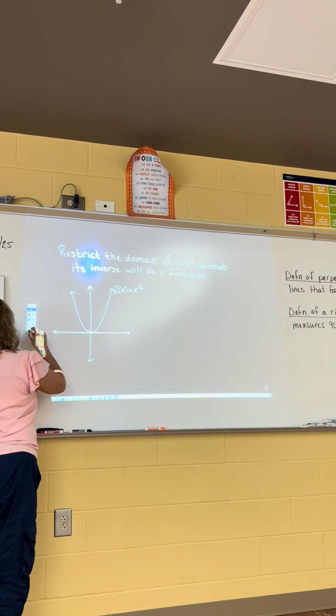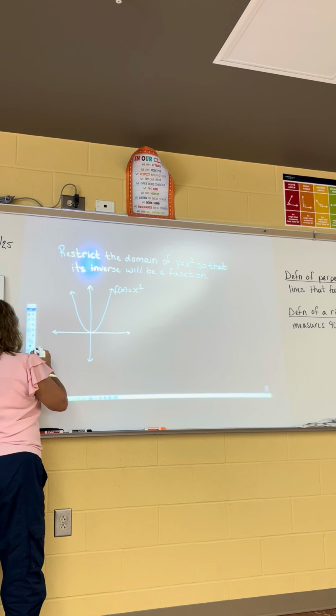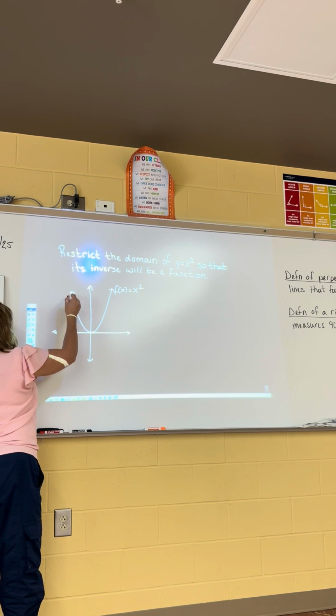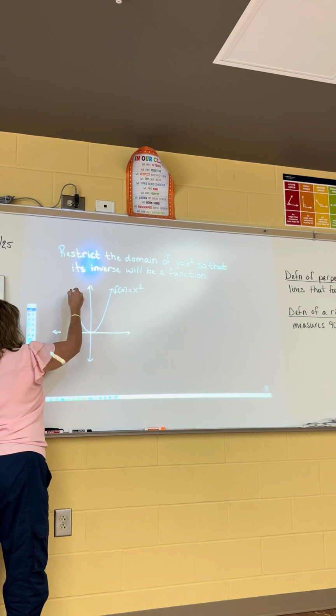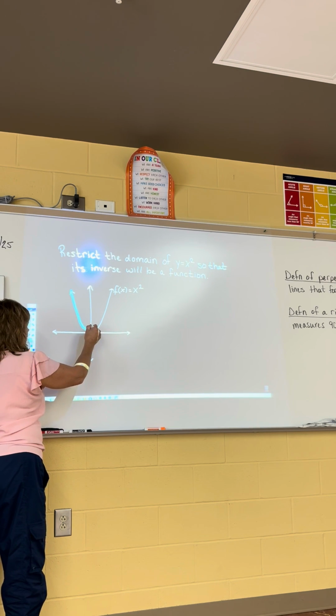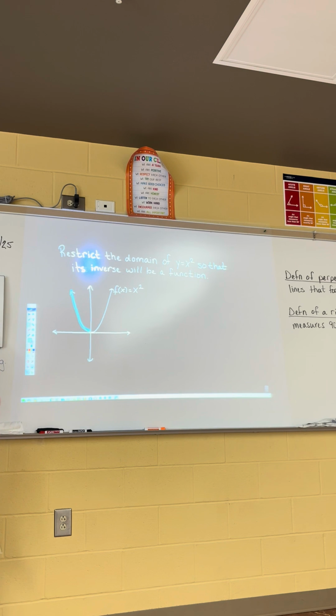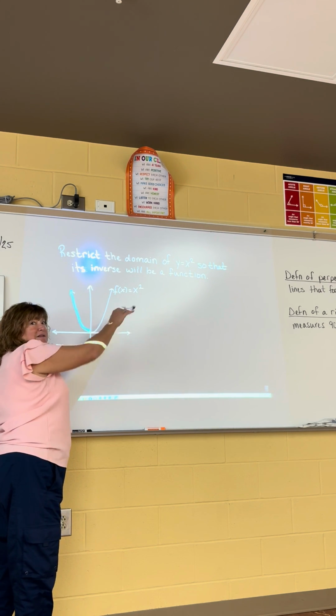X is less than 0. Yes. In fact, I'm just gonna shade it. If I took all this away, then the inverse will be a function. It will pass the horizontal line test.